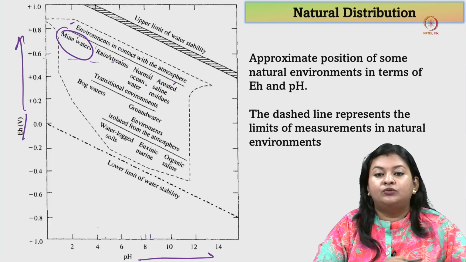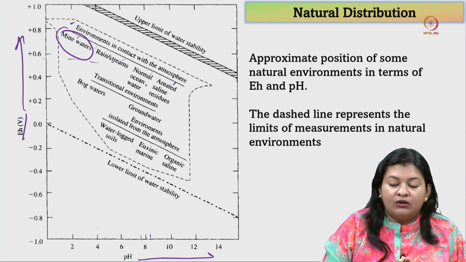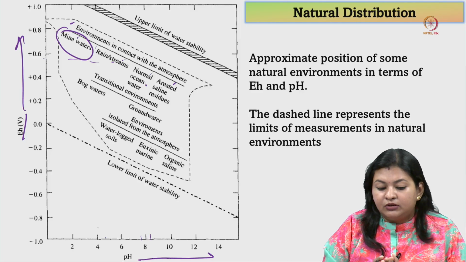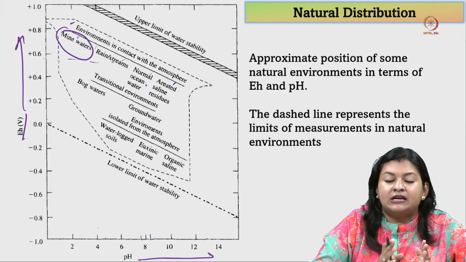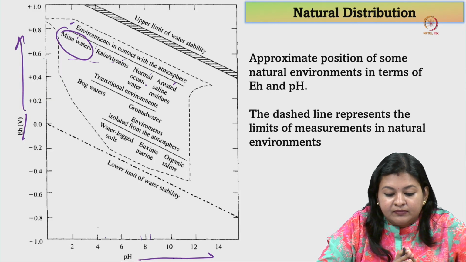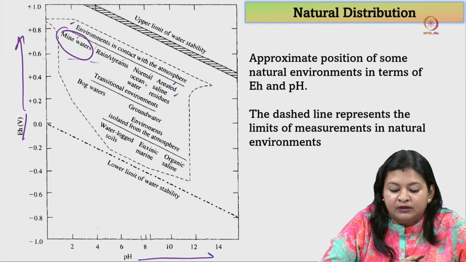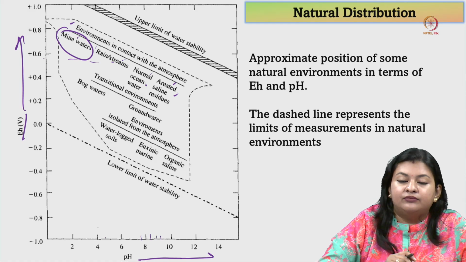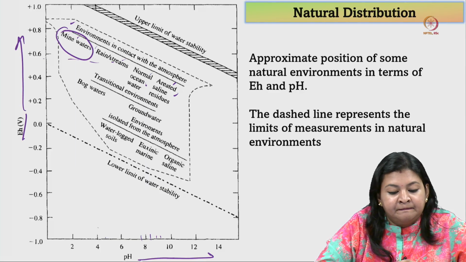Saline residues: those waters which got separated out from the coastal areas and may now be brackish water. You can see brackish systems have a slightly lower oxygen EH value, but more alkaline values, they are a little alkaline.